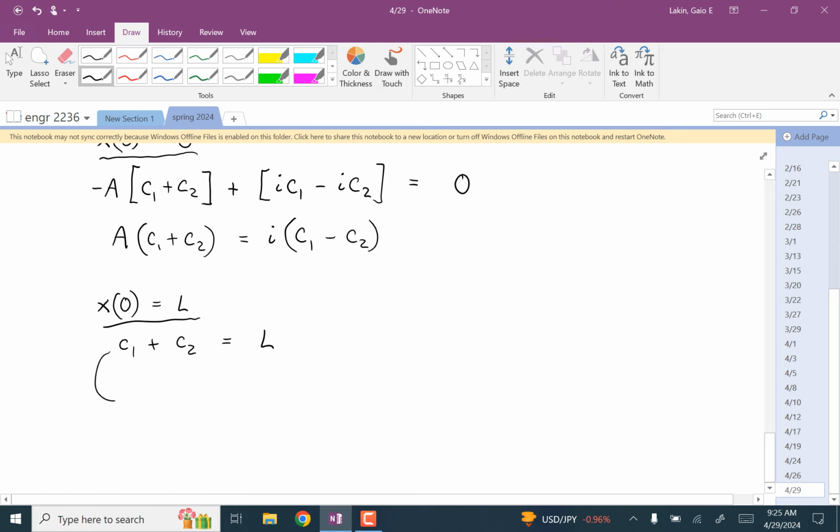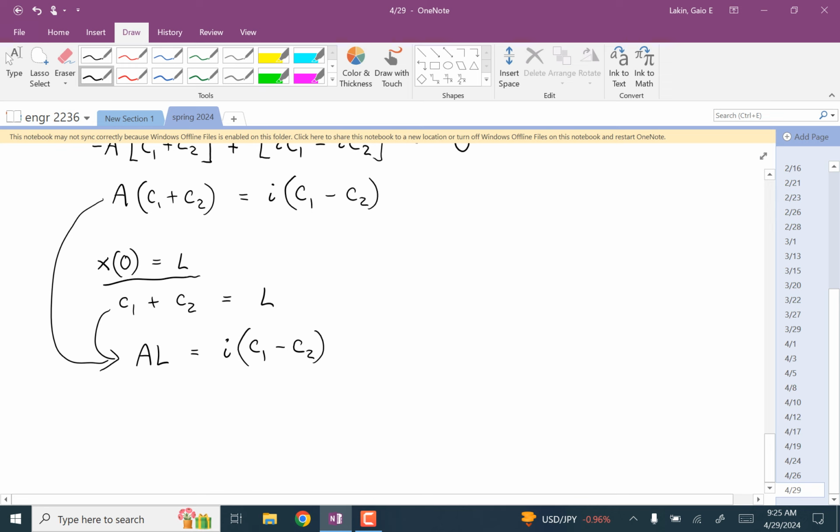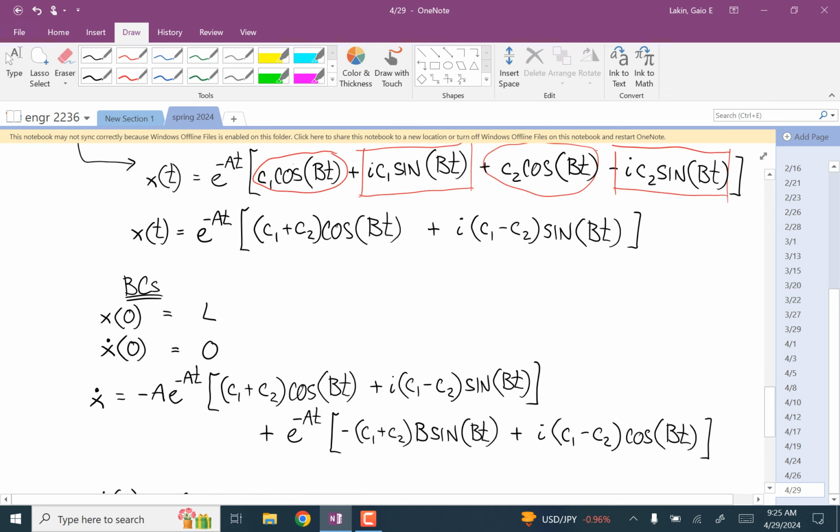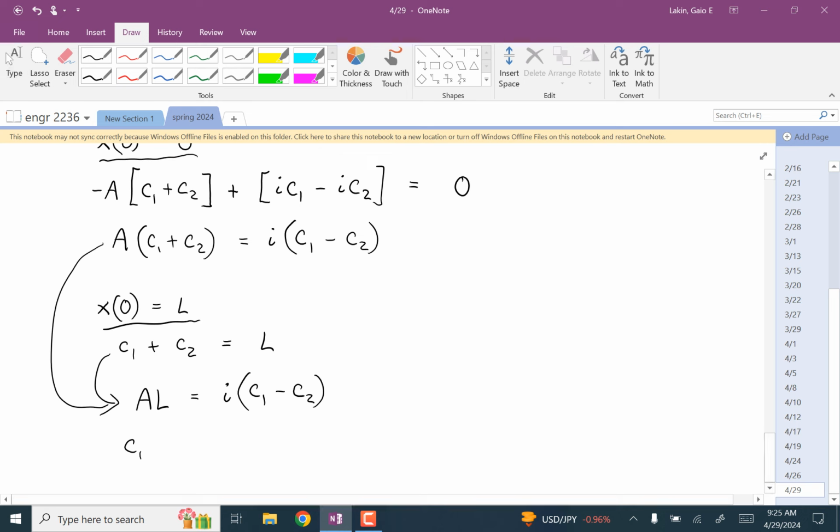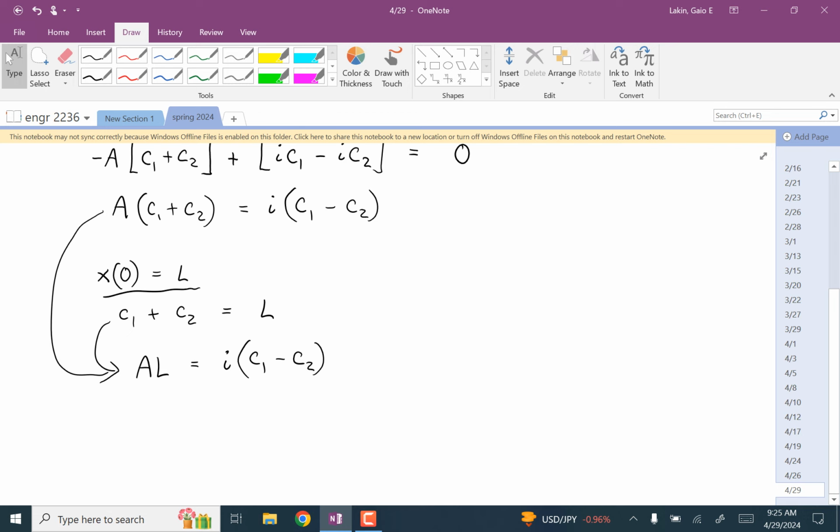So now we can say aL is equal to i times c1 minus c2. So c1 minus c2, well, I'll just leave it like that. And so now we can go to the function x of t.